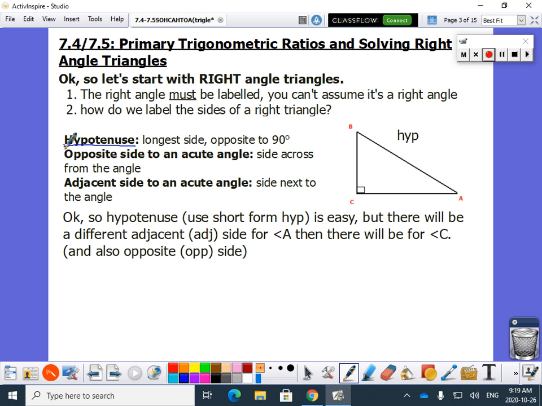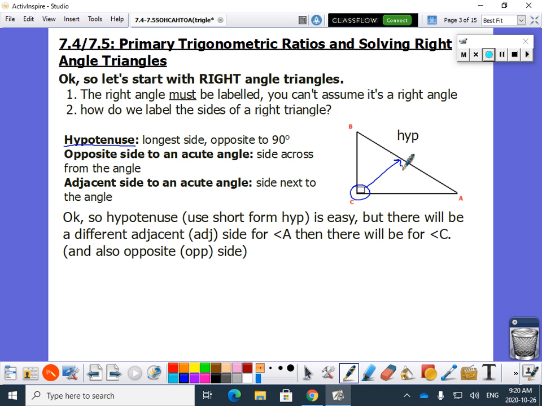This always represents the right angle, and we know from Pythagorean's theorem that the hypotenuse is the longest side, and it's always across from, so I'm going to circle this right angle. Hypotenuse is always across from the right angle.